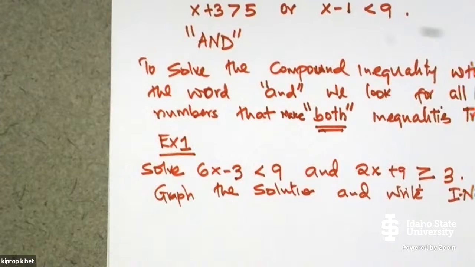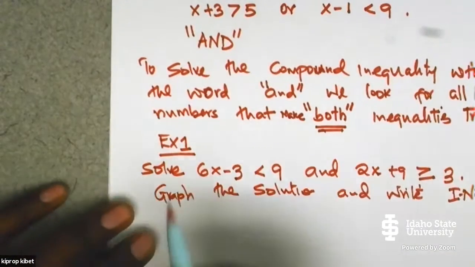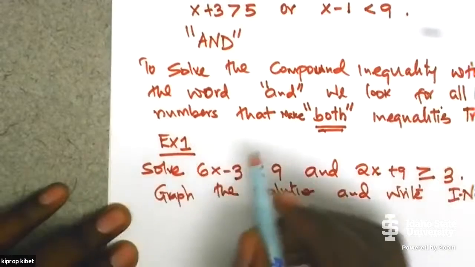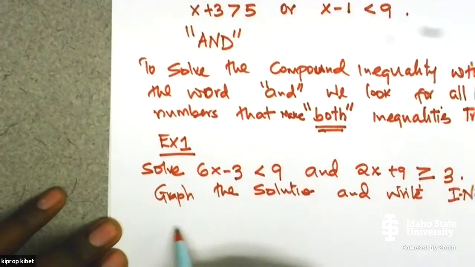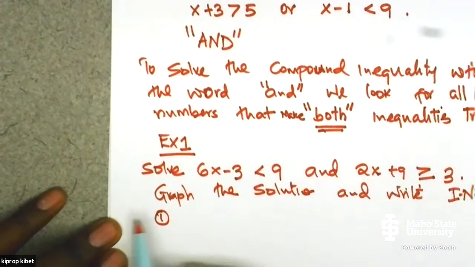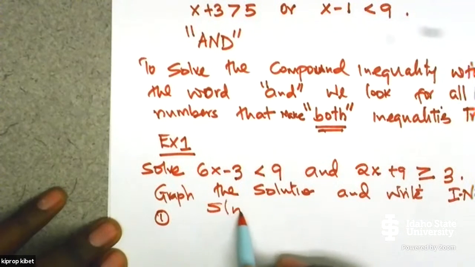Here we also do the same thing, and then we need to look for the values which satisfy the two inequalities. So what is our first step? Step number 1: solve each of the inequalities.